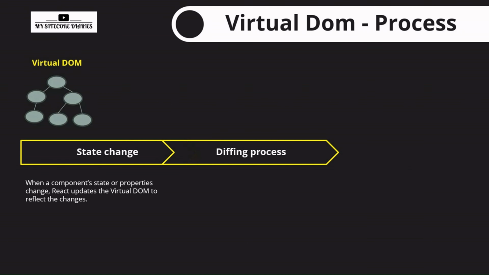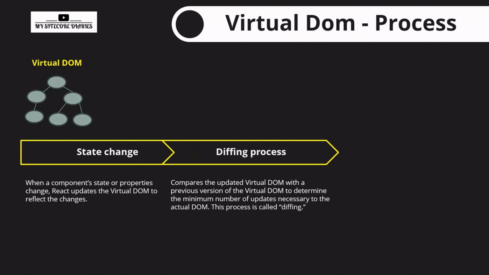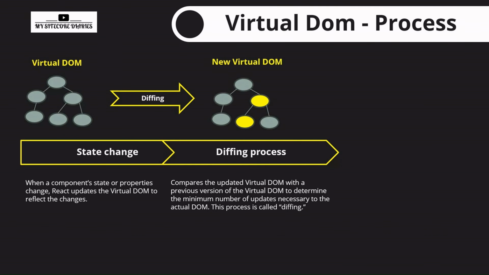Then we have a diffing process. It compares the updated virtual DOM with its previous version. This comparison identifies the minimal set of changes needed to update the real DOM. If you see here, this is your previous version of the virtual DOM, this is the new virtual DOM, and you have two updates here.